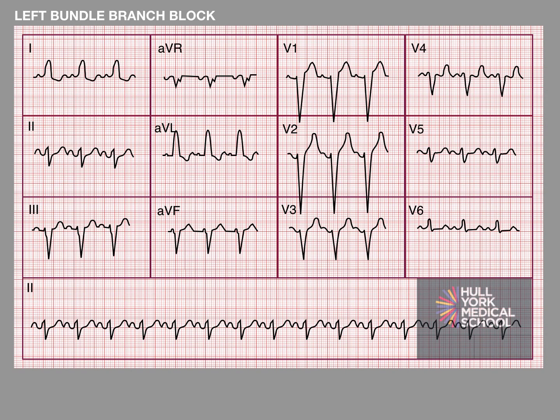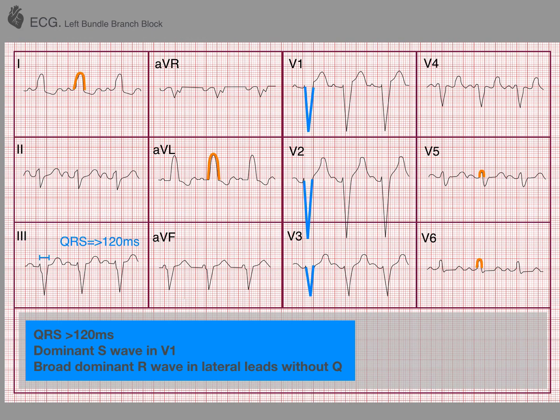Here is an ECG of a left bundle branch block. So on top of the broad QRS, so greater than 120 milliseconds, there are a number of other classical features. In leads V1, V2 and V3, so the anterior leads, but by definition especially in V1, there is a deep S wave.